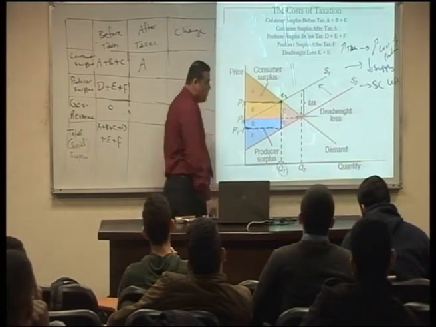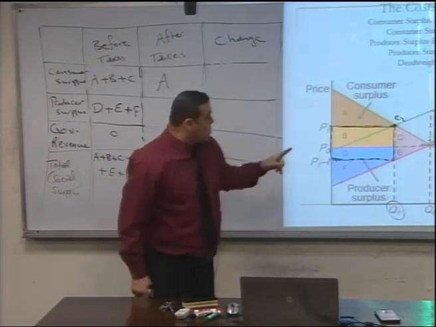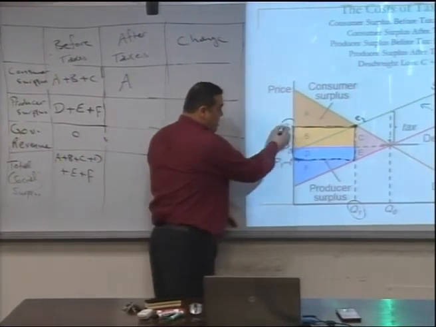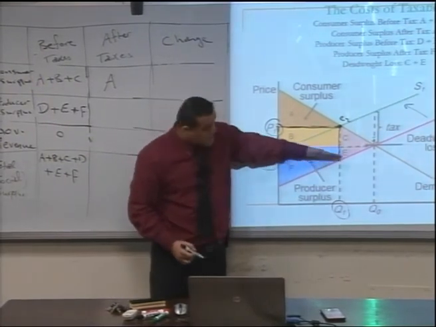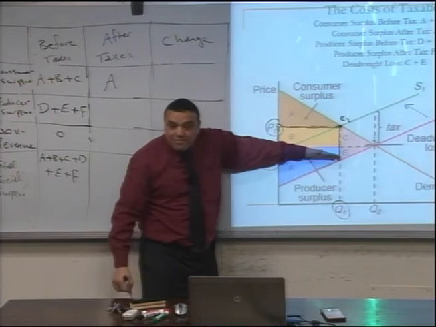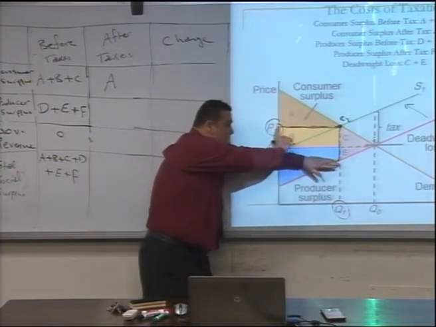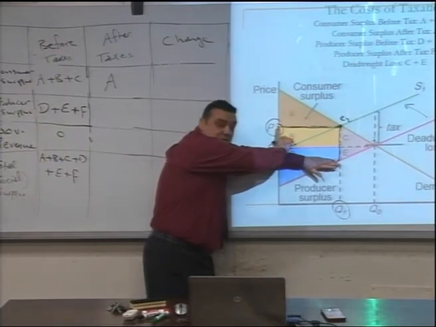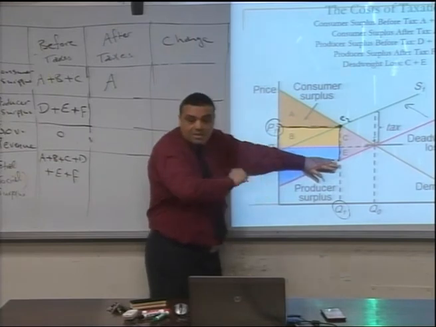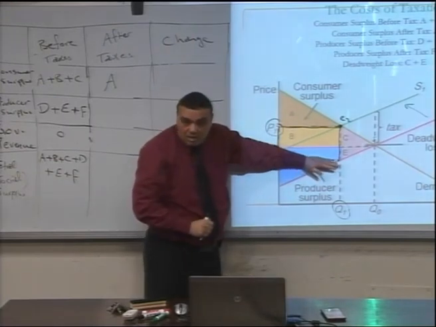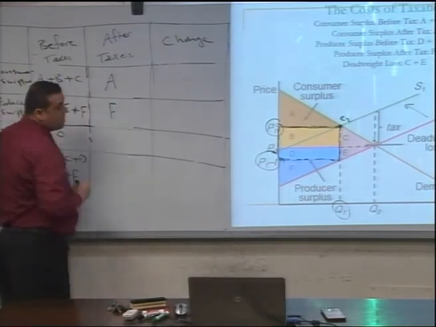It's only F, because the consumer pays P1, and the producer gets this lower price. The government gets the difference between the selling price and the purchasing price. So the producer surplus is only F here.